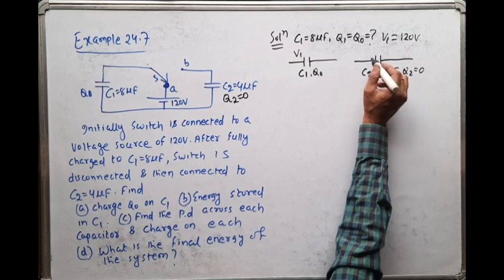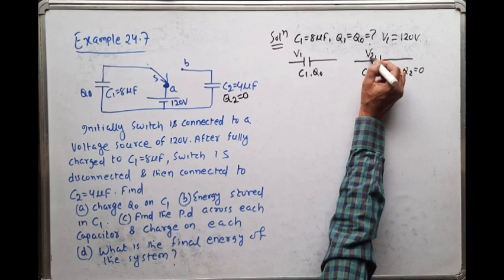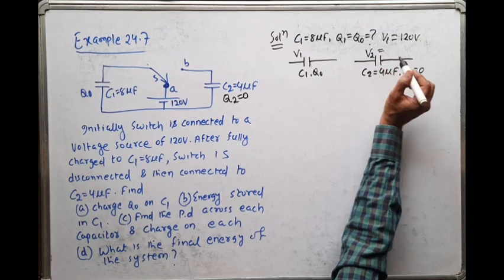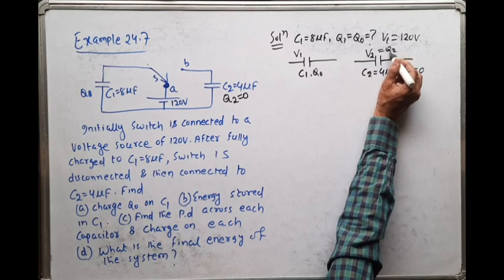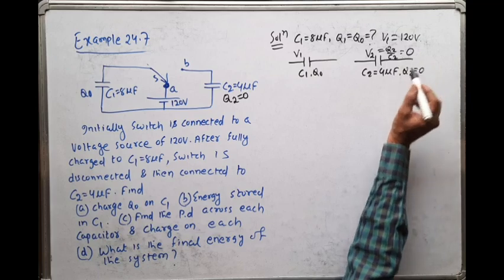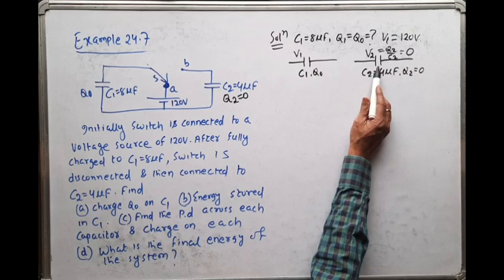If the initial charge is 0, then what is the potential difference across this capacitor? You know, V is equal to Q by C, so V2 is equal to Q2 by C2. Q2 is 0, so the potential difference across this capacitor is 0.